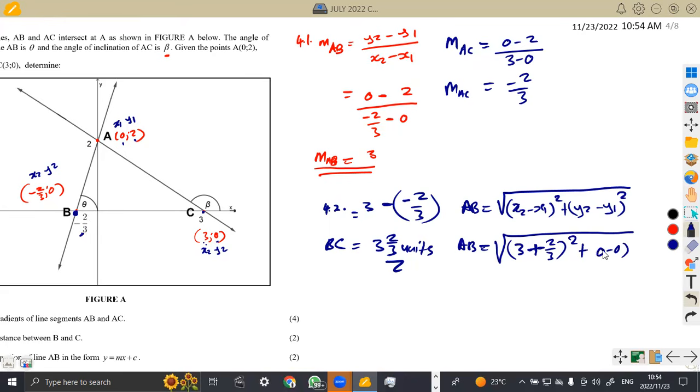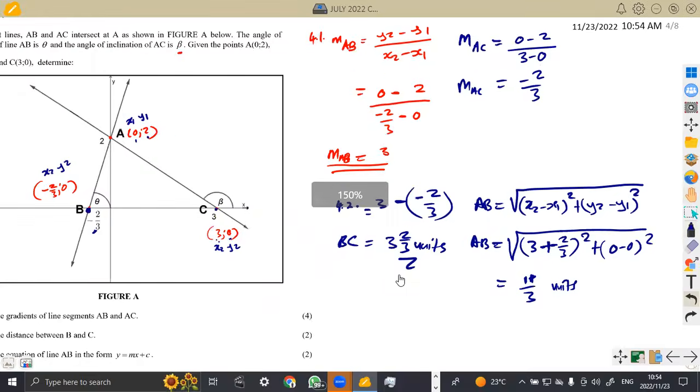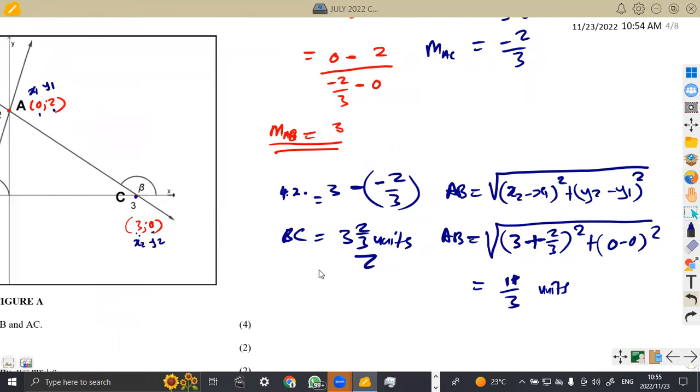You can use your calculator, and still we are going to obtain the same answer, 11 over 3 units, which is the same as 3 2/3, the distance from B to C.